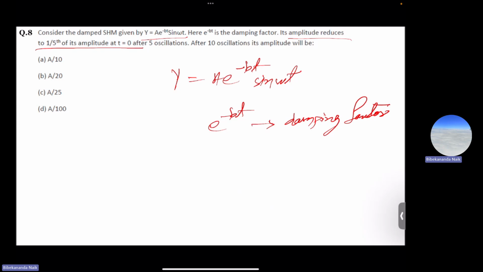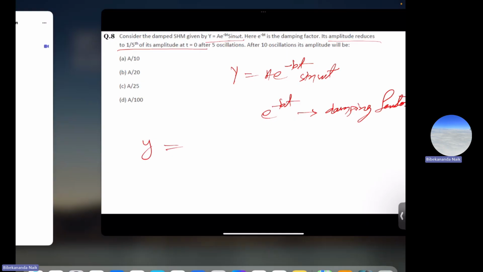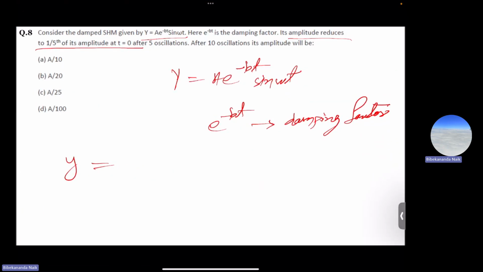So y is given as a e to the power minus bt sine omega t.